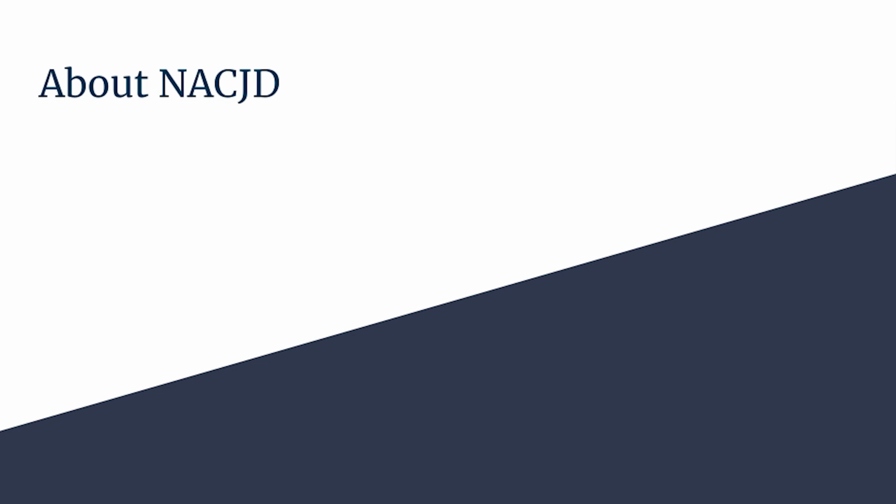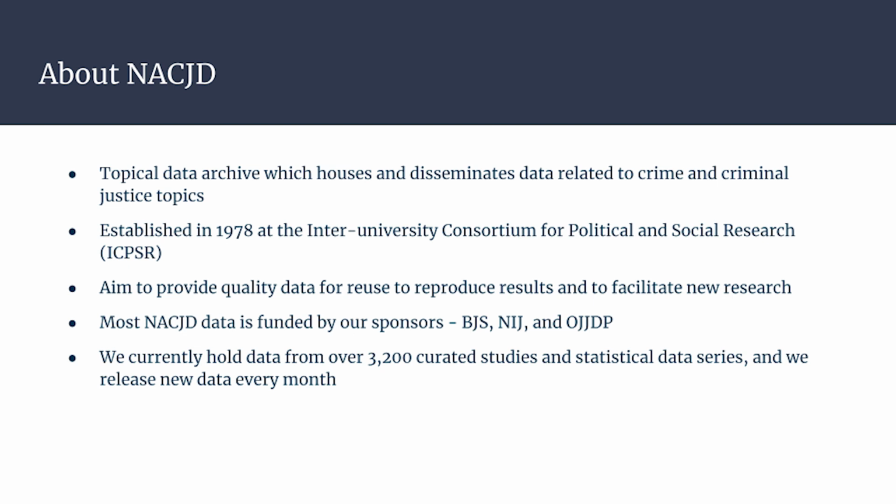So just a little bit about NACJD. NACJD is a topical archive that houses and disseminates data related to crime and criminal justice topics. We are located within our parent organization, the Inter-University Consortium for Political and Social Research, or ICPSR, at the University of Michigan.